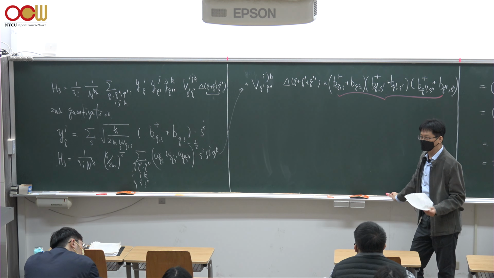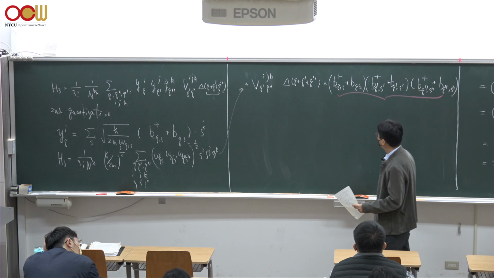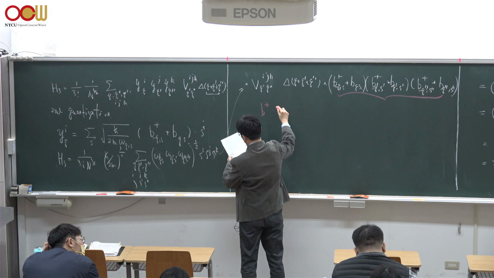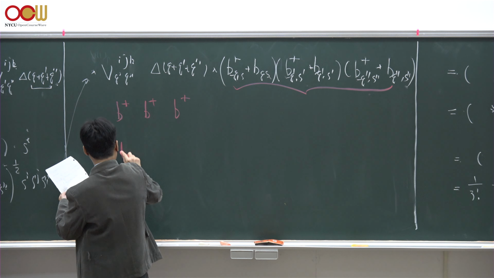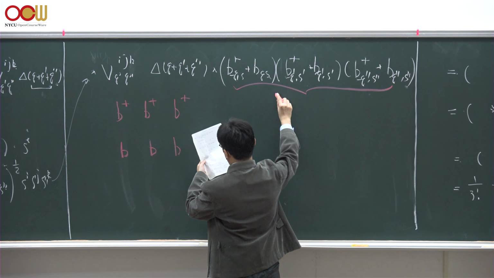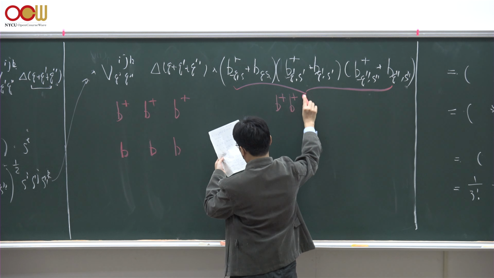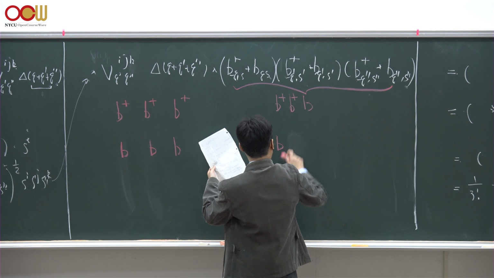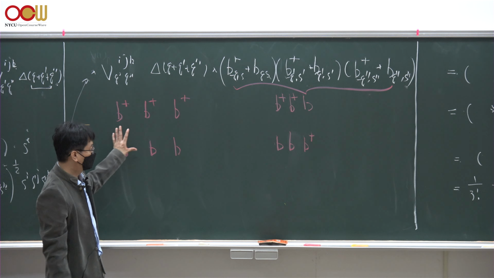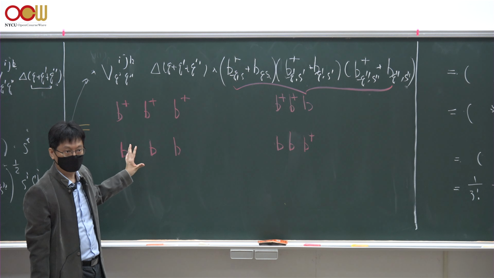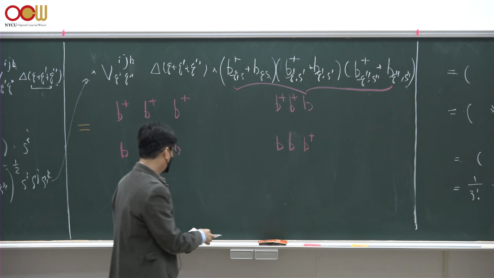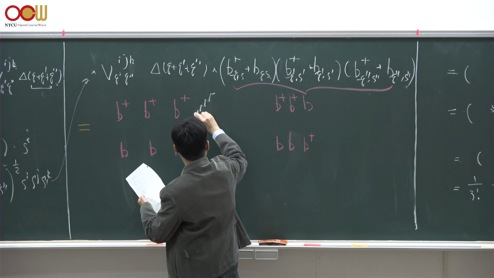This is what we call the phonon interaction, because now you could collect all these different terms. You get three B daggers, you get three B's, and you also get two B dagger and one B, or two B and one B dagger. Clearly, those terms are phonon-phonon interaction terms. Meaning, out of a vacuum, you could create three phonons.